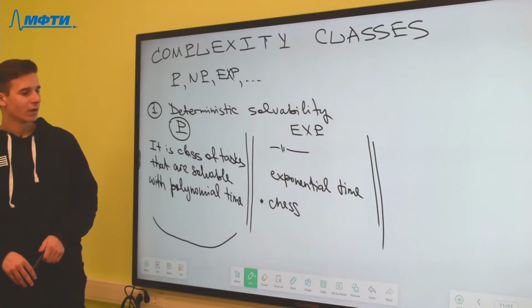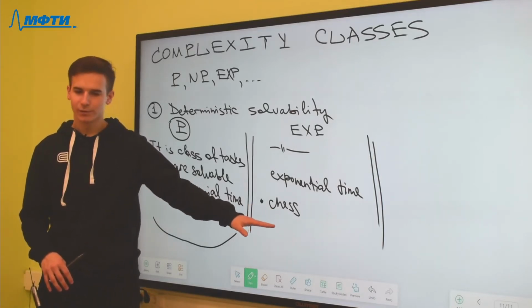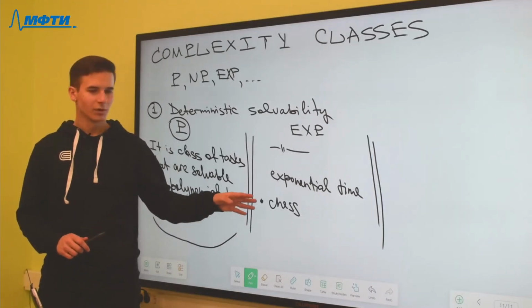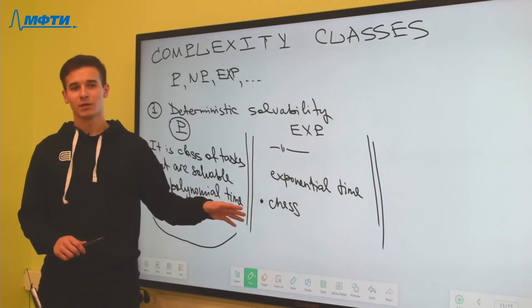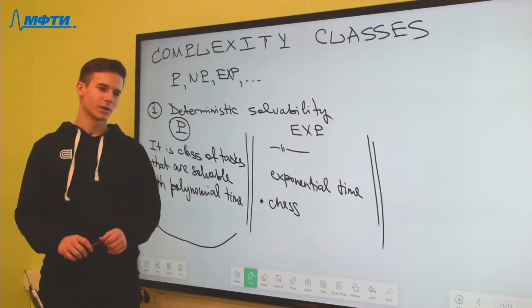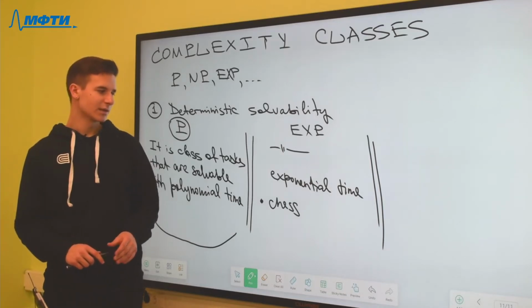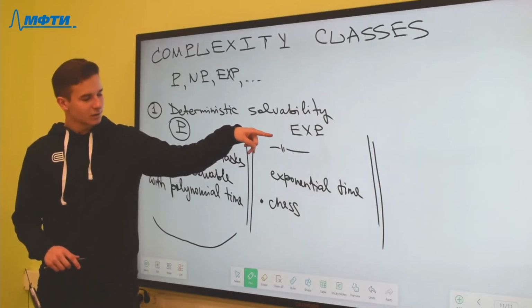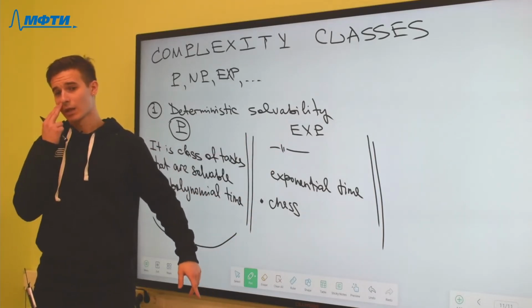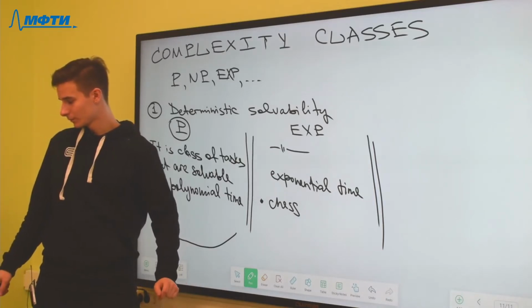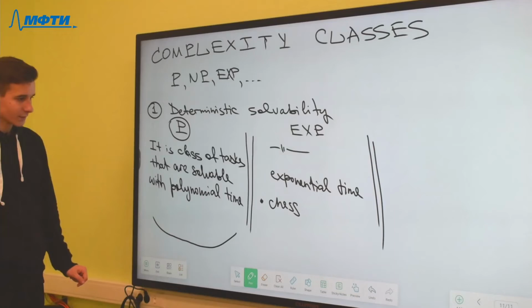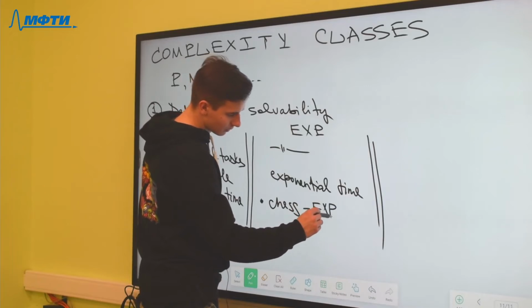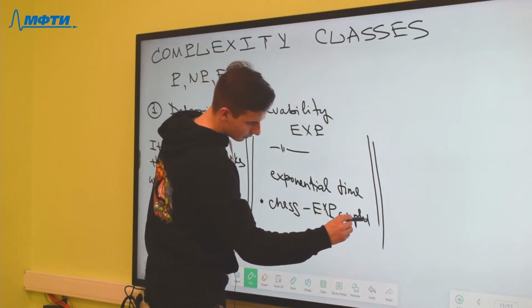It means that if we can solve chess in polynomial time, then we can solve any task in the exponential class, EXP, in polynomial time. So yes, it is an EXP complete task.